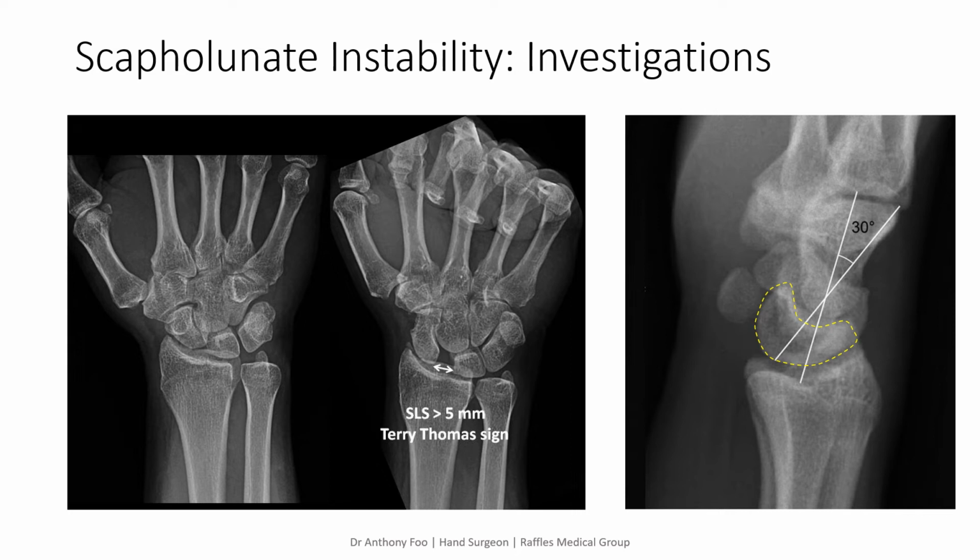When this deformity is apparent on X-ray, it usually indicates a later stage of scapholunate instability, whereby the dorsal supporting structures, mainly the dorsal radiocarpal ligament and the dorsal intercarpal ligament, have been attenuated over time. So this indicates a more advanced stage of scapholunate instability, and it can also be classified as slack wrist.